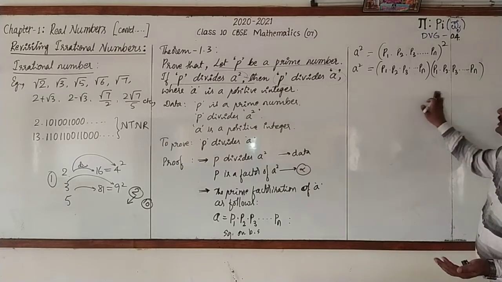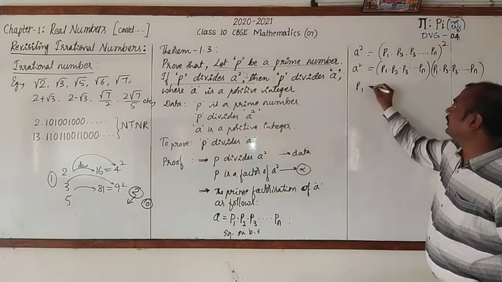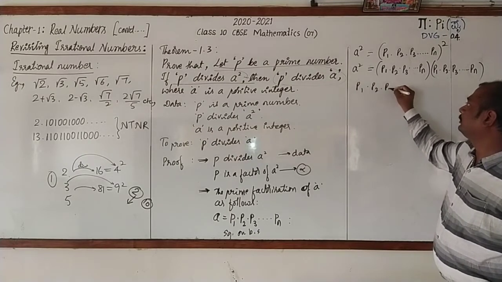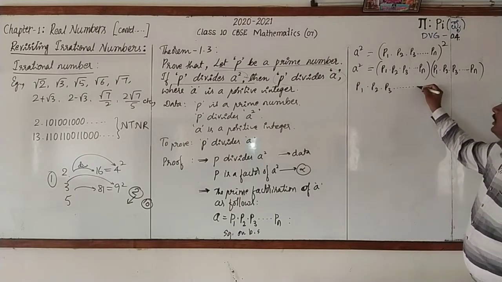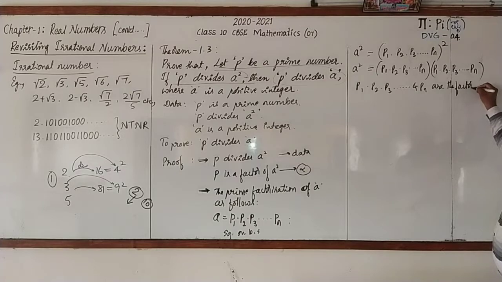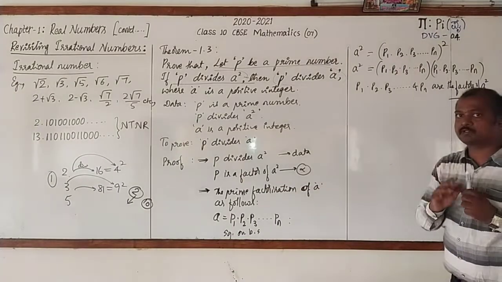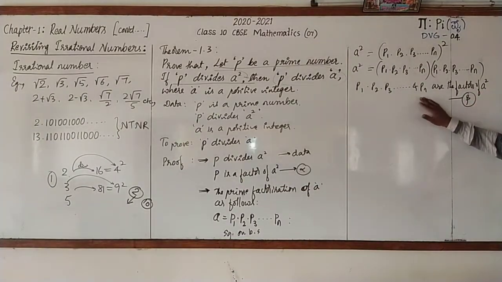According to this statement, P1, P2, P3 and so on, and Pn are the factors of A square. Clear? Now I call this beta. See that? P is a factor of A square and these are the factors of again A square.